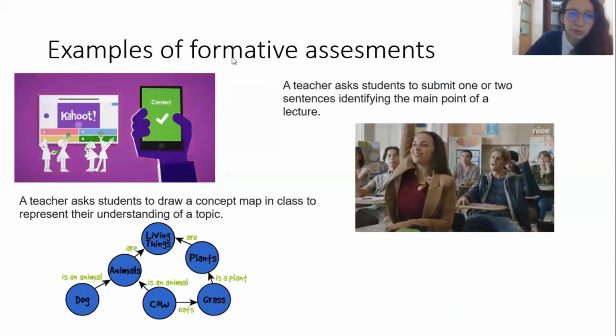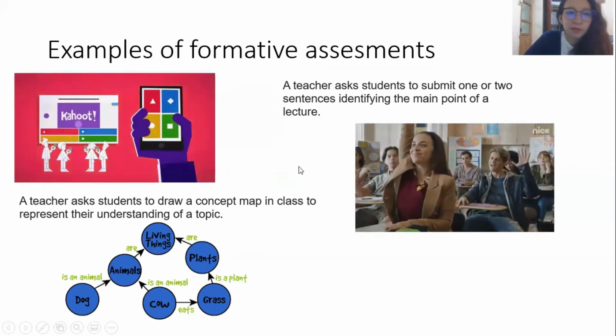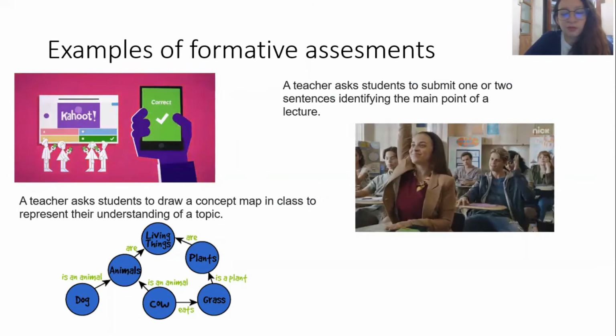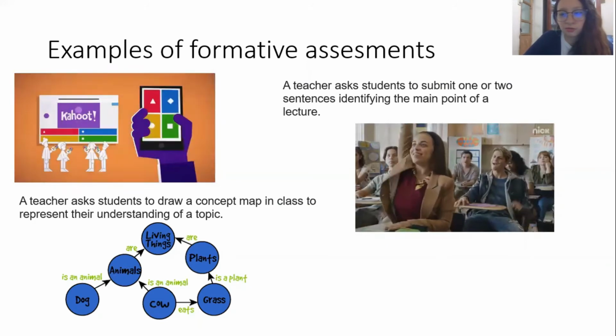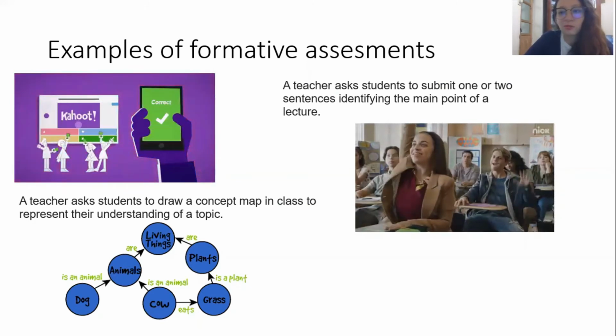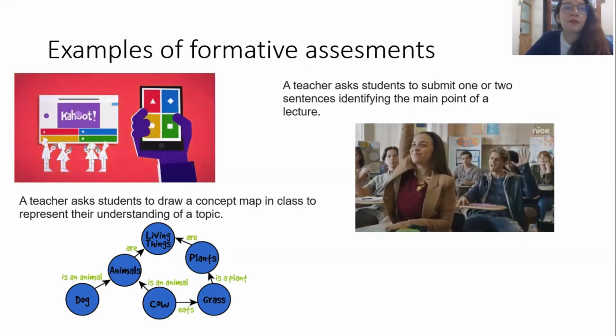Here we can see some examples of formative assessment. One of them is quizzes, like Kahoot. Another is when a teacher asks their students to draw a concept map in class to represent their understanding of the topic, or when the teacher asks her students to submit one or two sentences with the objective of identifying the main point of a reading.